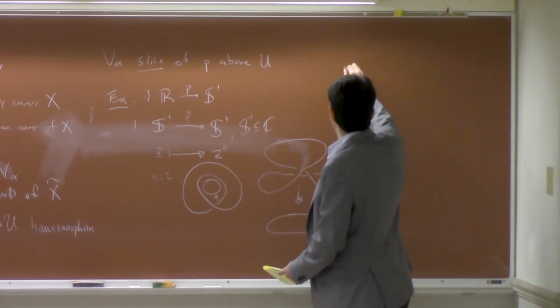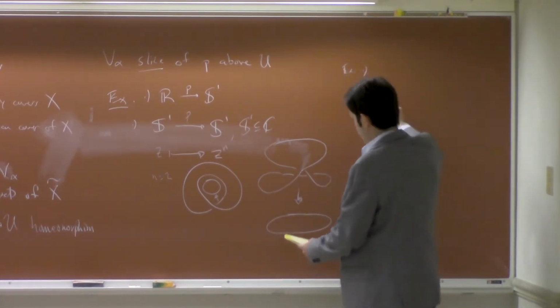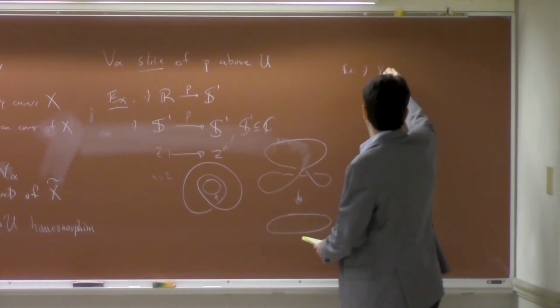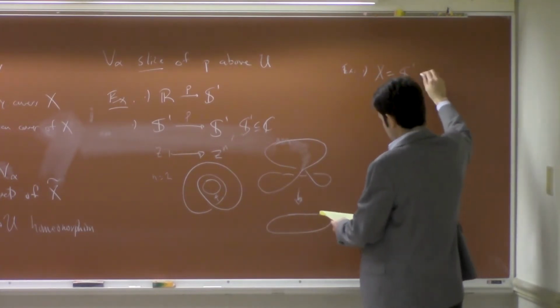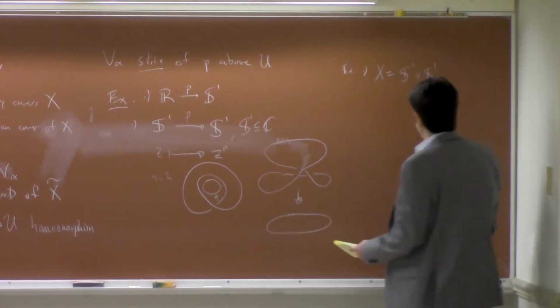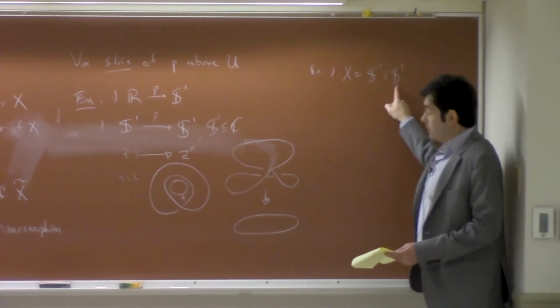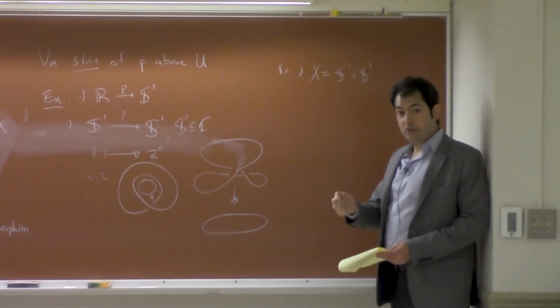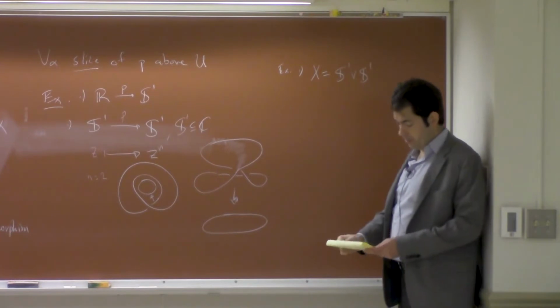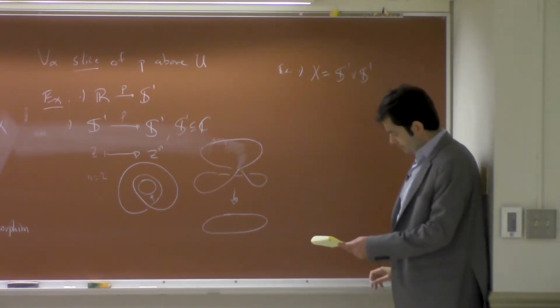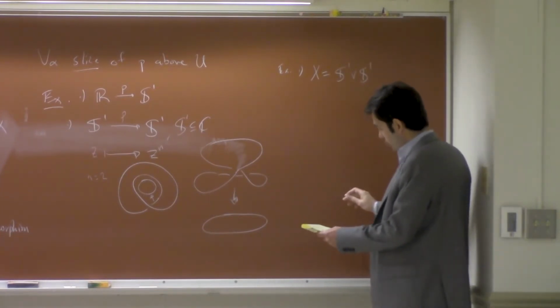Another example is, let's say you have two circles, and you identify a point in each circle with the other. So we have a bouquet of two circles.